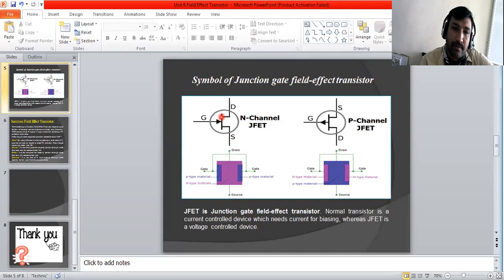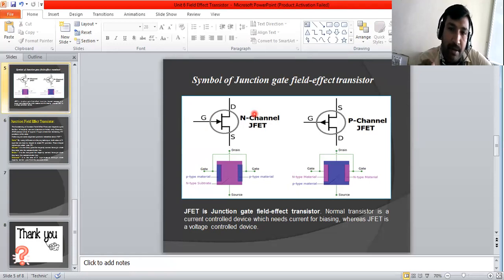If the arrow indicates towards the junction, then that symbol is for N channel.